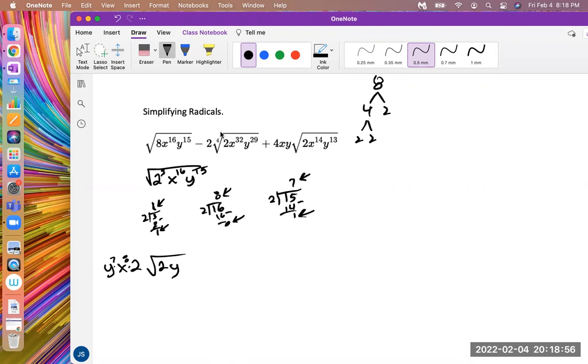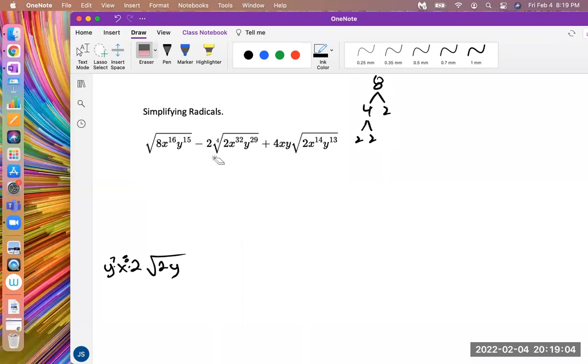Okay, let's do the same thing with this second one. This is negative, and this little 4 is telling us that this is actually a 4th root, not a square root.